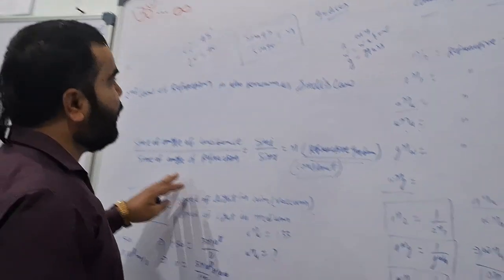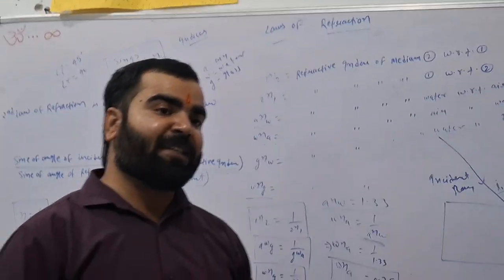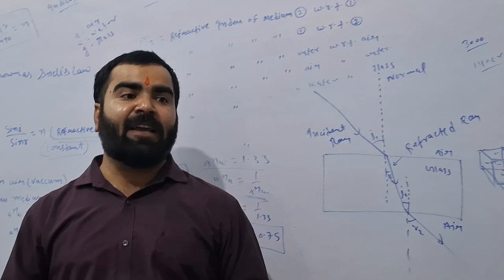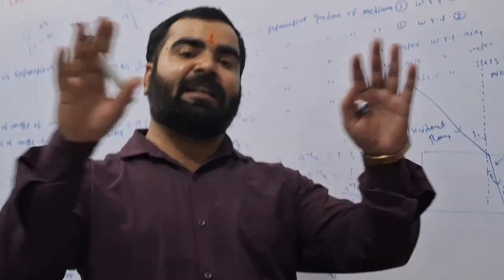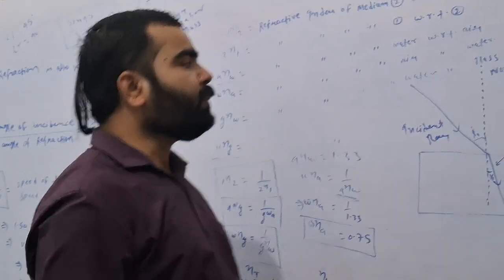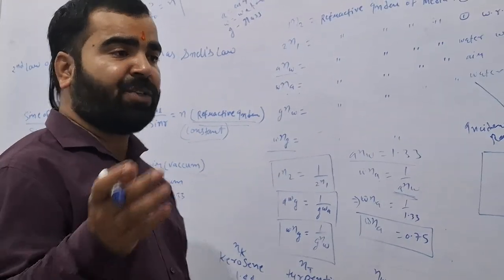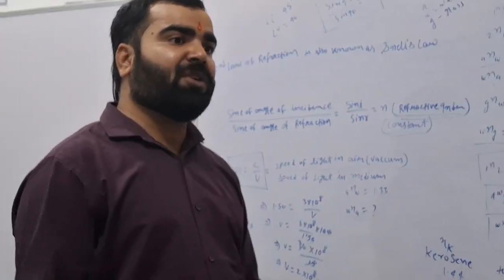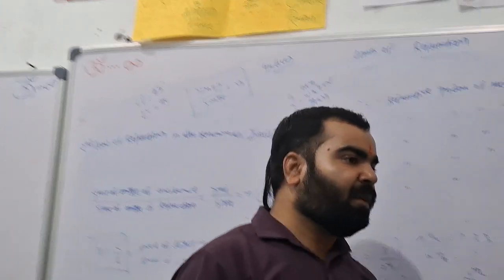So, recapping the whole lecture, the laws of refraction. The first law of refraction: the incident ray, the refracted ray and the normal at the point of incidence all lie in the same plane. The second law of refraction is also known as Snell's law. Snell was the scientist who discovered this law, so in his honor we name it Snell's law.